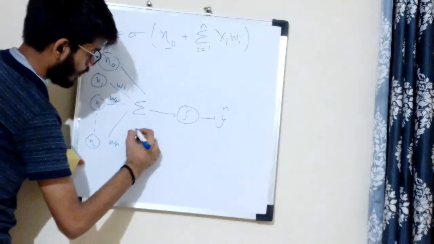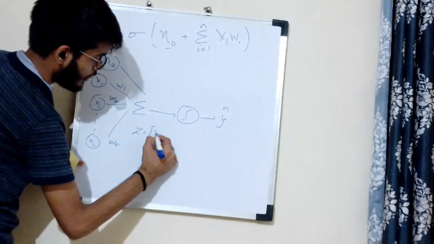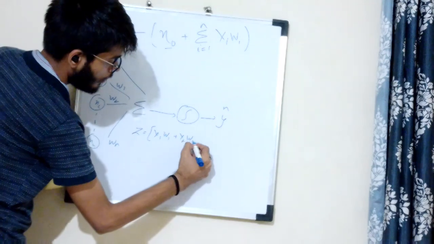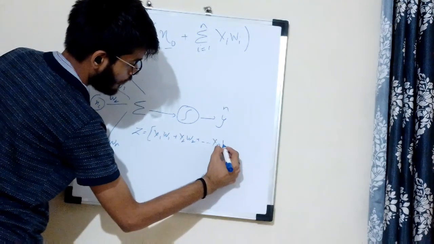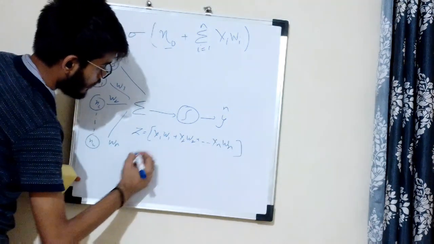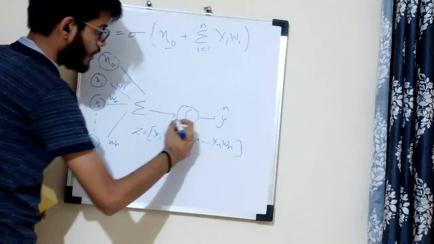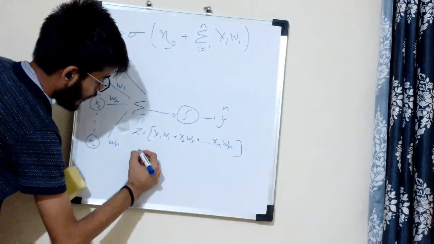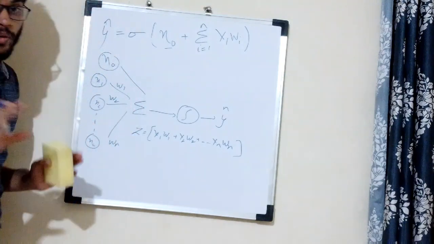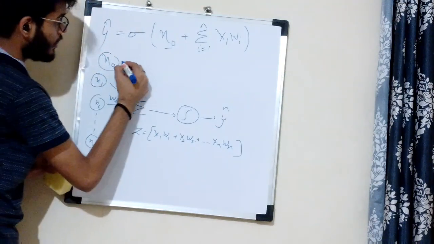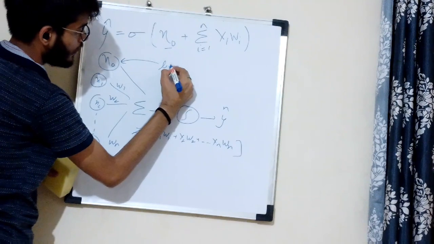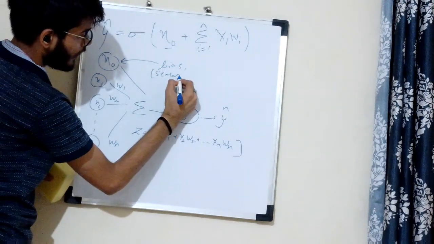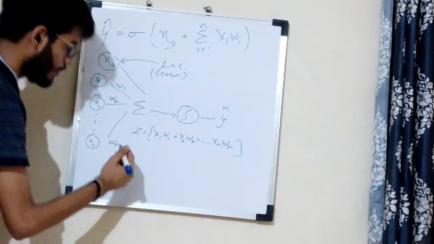Let's say z is x1 w1 plus x2 w2 plus so on up to xn wn. Before passing it to the activation function, we add this bias. A very important thing I missed is that this scalar is known as the bias.